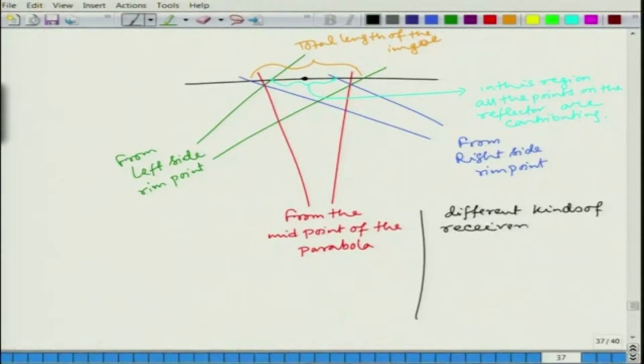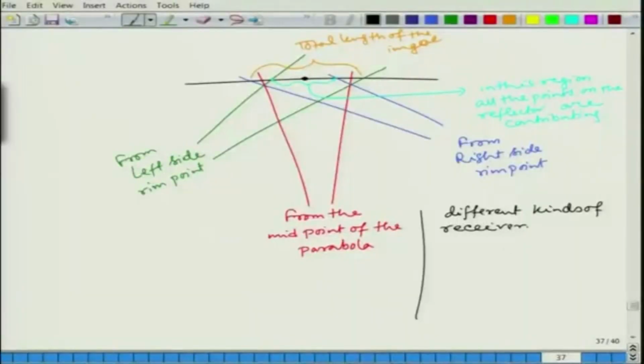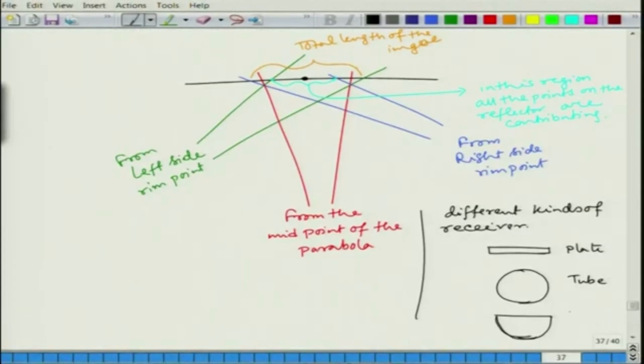So, on the image focal plane how the image will form we have written, but now you can have either a plate kind of receiver, you can have a sphere kind of receiver, not sphere but circle, okay, and a semicircle, that is also possible. So, this is plate, this is tube, or this is semicircular tube.